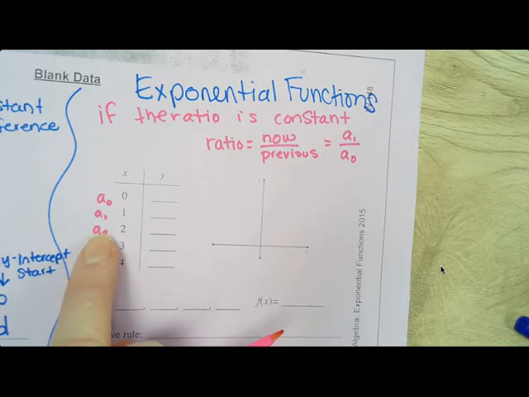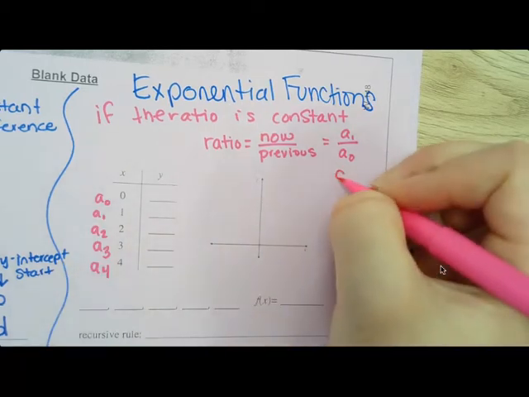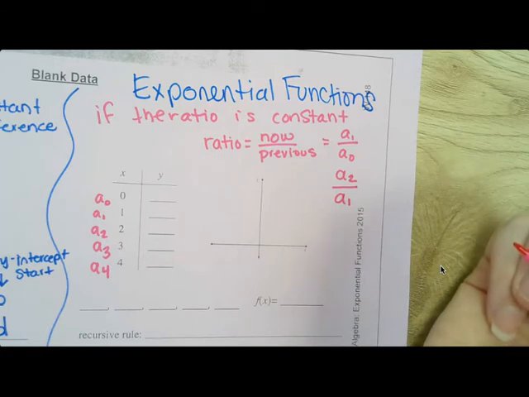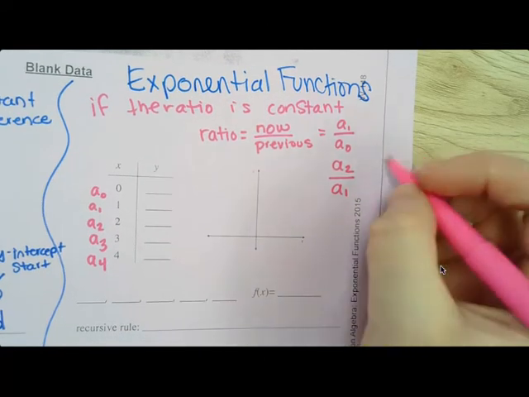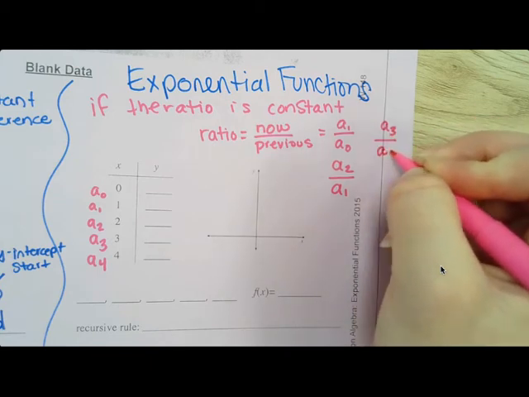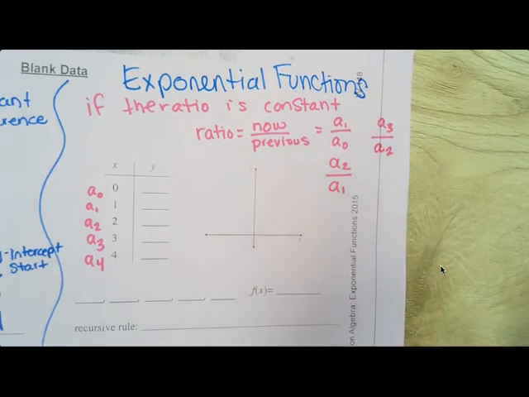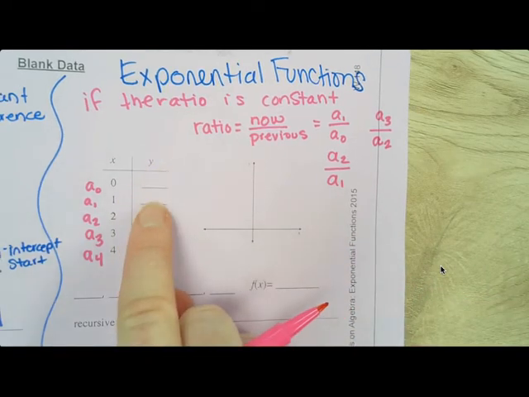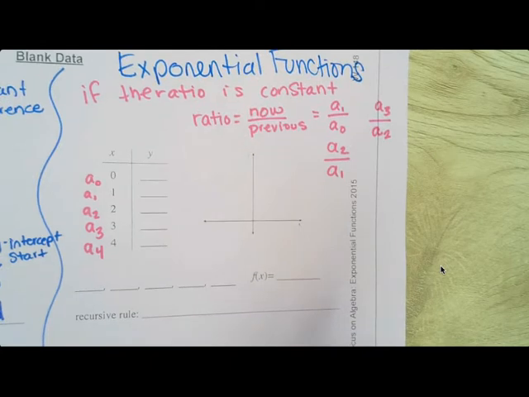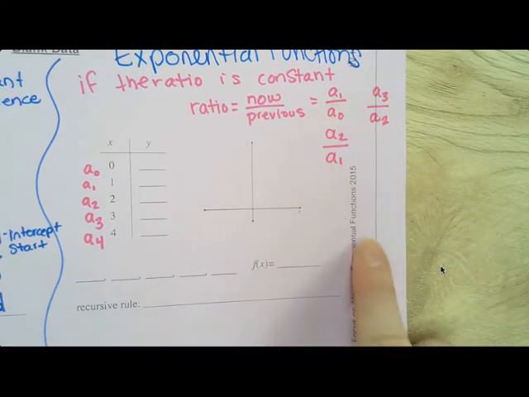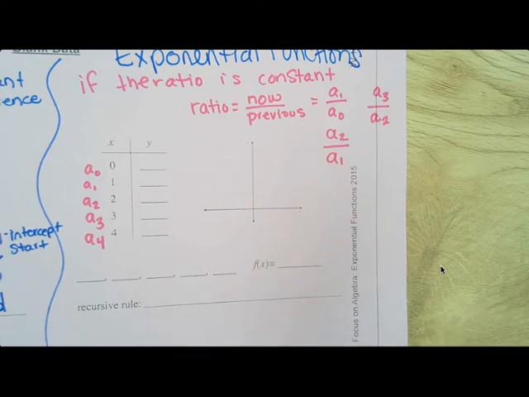Or I could do A sub 2 divided by A sub 1, or A sub 3 divided by A sub 2. So you want to do now divided by previous. That's how you can find your ratio, which is also your constant rate.